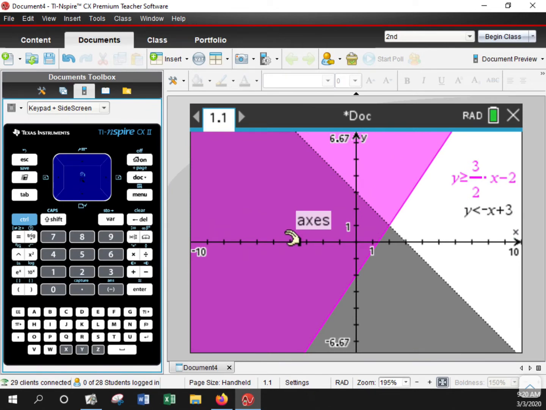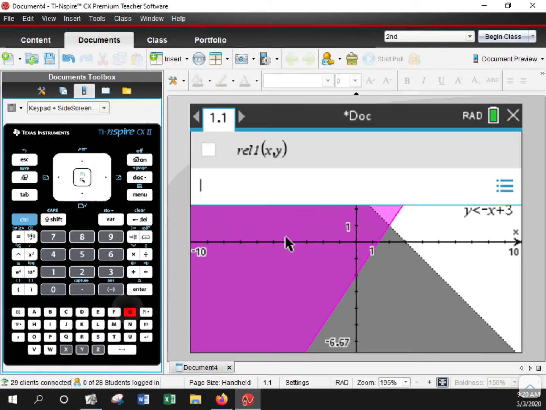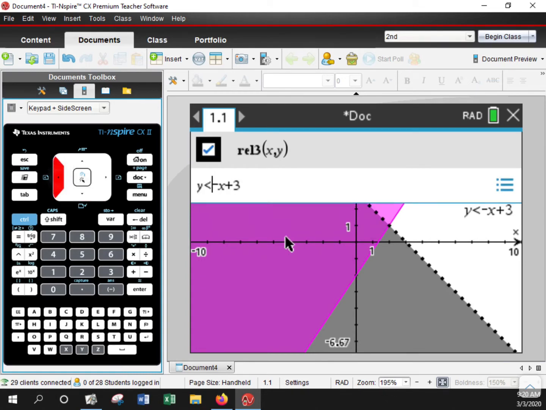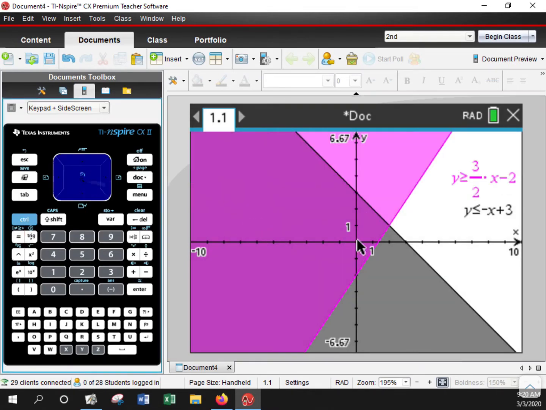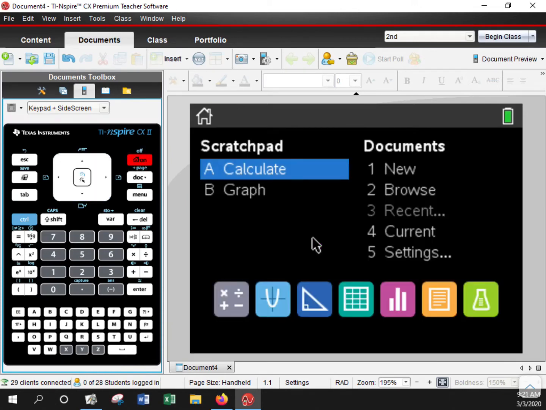Now if they were both solid lines, let's say this one was also less than or equal to, then that intersection point would actually be part of the solution. So you've got to pay attention to that as well. All right, so that's how we graph the inequalities.